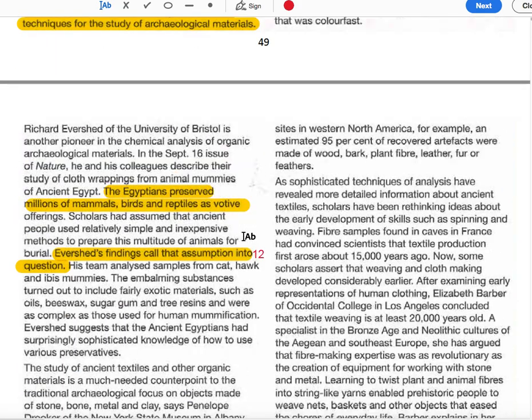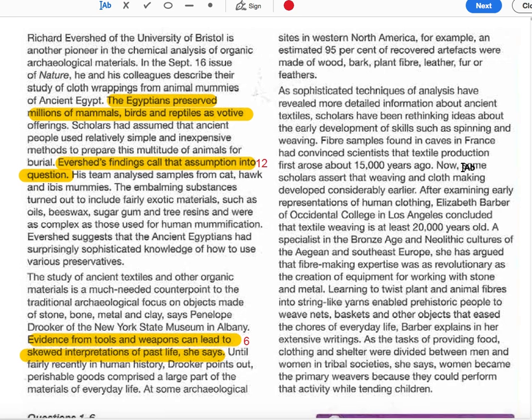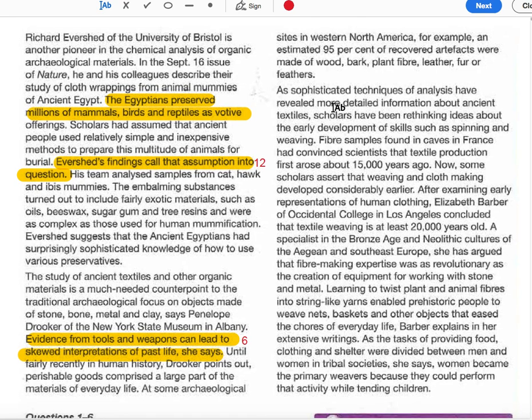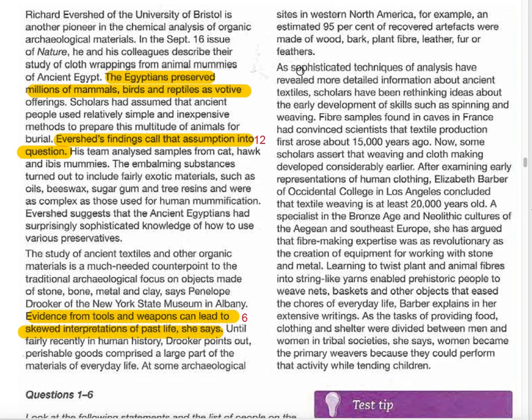So at some archaeological... Okay, more information about scholars rethinking ideas. It says scholars have been rethinking ideas about the early developments of skills such as spinning and weaving. This is reminding me of something. It says as sophisticated techniques have revealed.